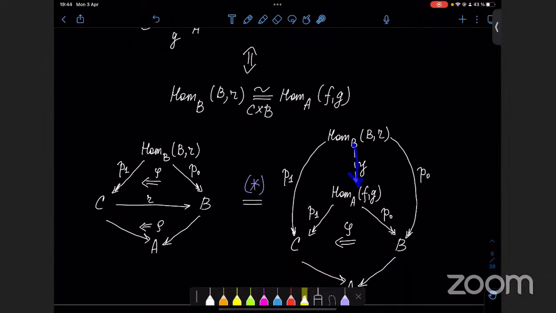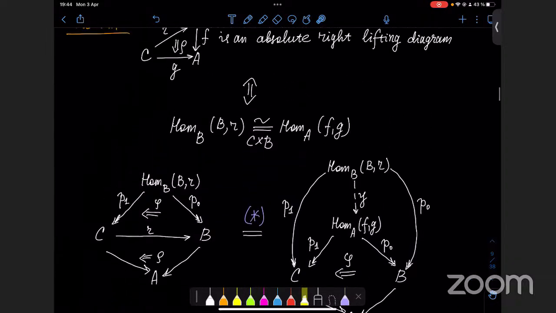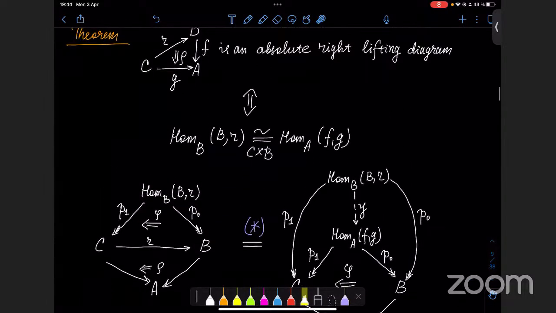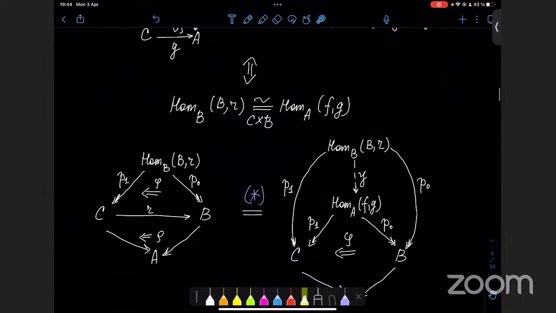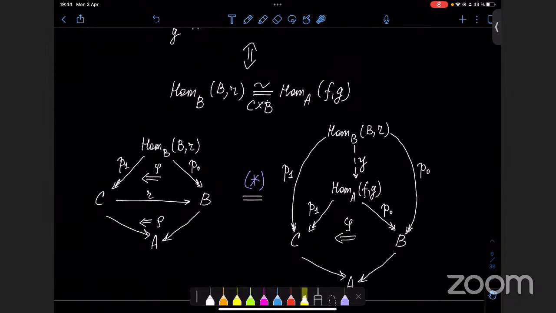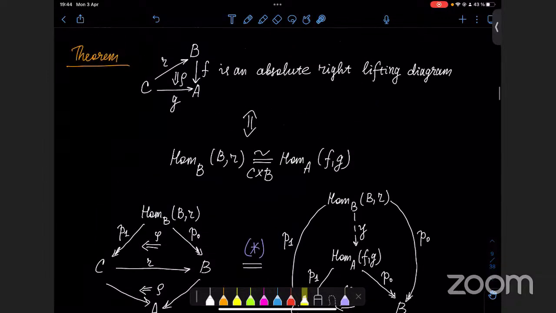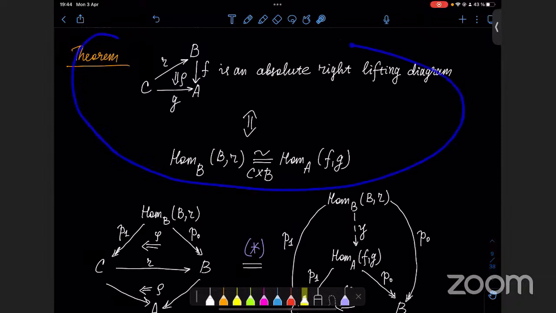So you have some y between this cone and the standard cone from the natural two-cell, and this factorization will be used in the proof. Okay, so let's prove this theorem.